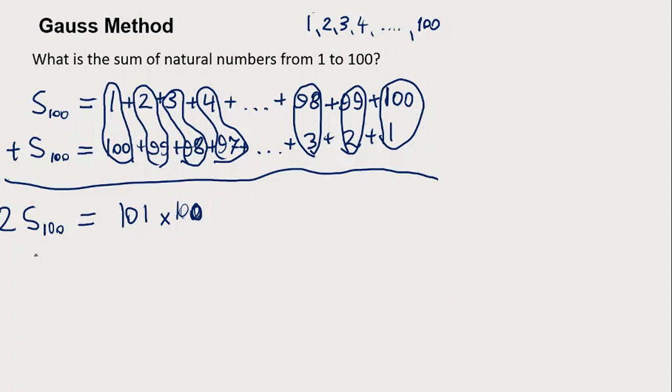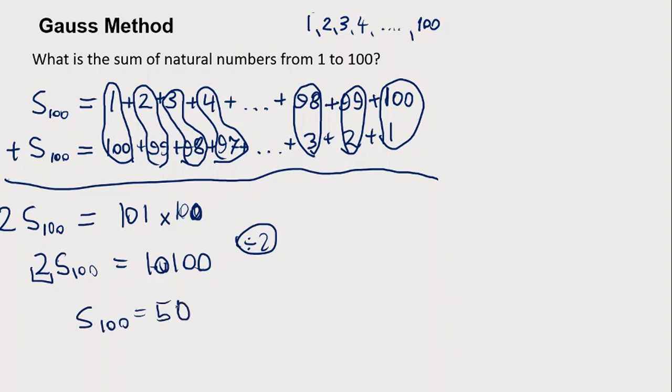So 2 S100 is equal to 10,100. And then algebraically get rid of this 2 by dividing by 2 on both sides, and quickly you will see that S100 is actually 5,050. So 5,050 is the result of adding up the first 100 numbers.